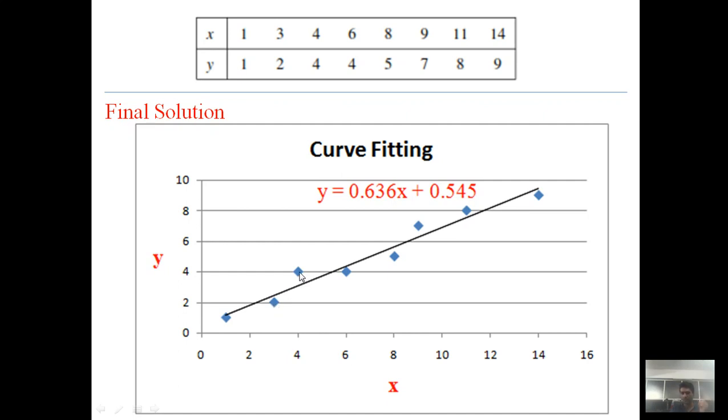Now the third point lies above the line, so there is some positive error. Now the point d4 is below the line, so that is a negative error. Again these are negative errors at this point, at these 2 points there is a positive error, and again here is a negative error.